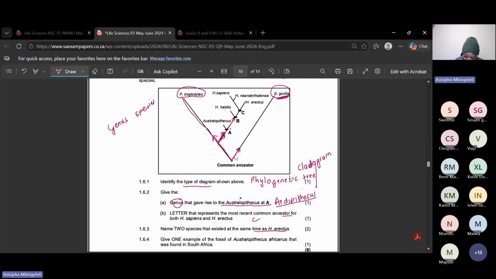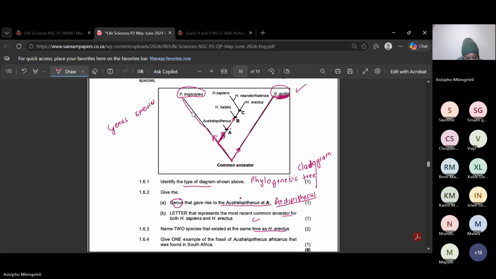The lines are representing how long the organisms lasted, even though we don't have the timeline in million years ago. You'd need to use your lines to figure it out. As much as we had a branch here, this means that the gorillas lasted for a very long time. So if you answer gorillas, you get a mark because that would still be in the same line.